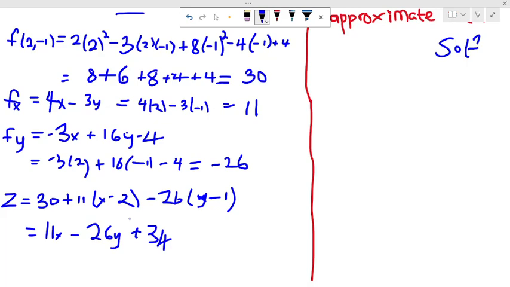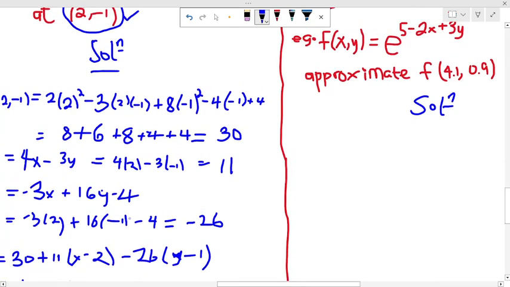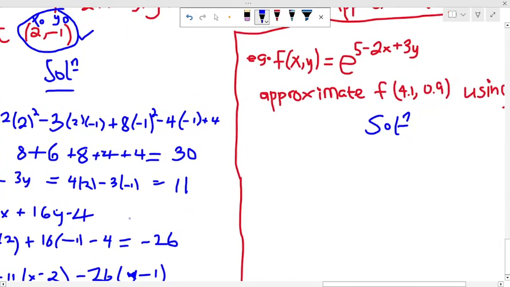Now having understood this, we are going to move to the second application. So now with our second application, we are going to focus on linear approximation. With linear approximation, we are going to consider only one example.